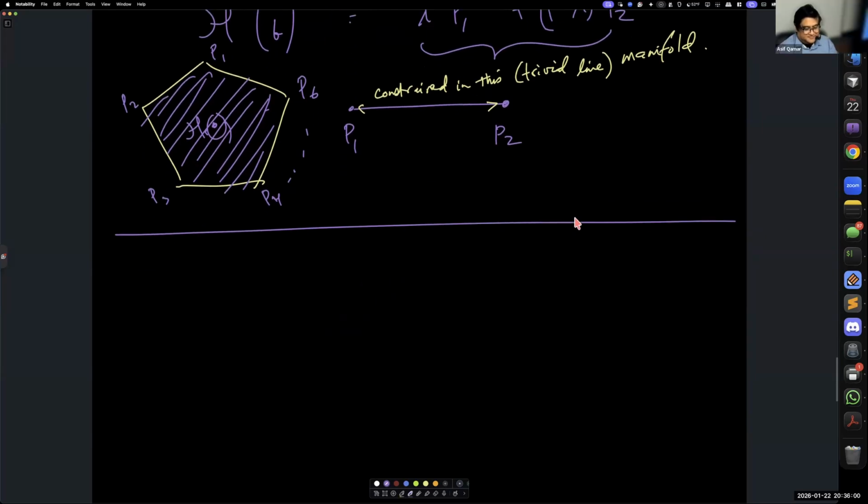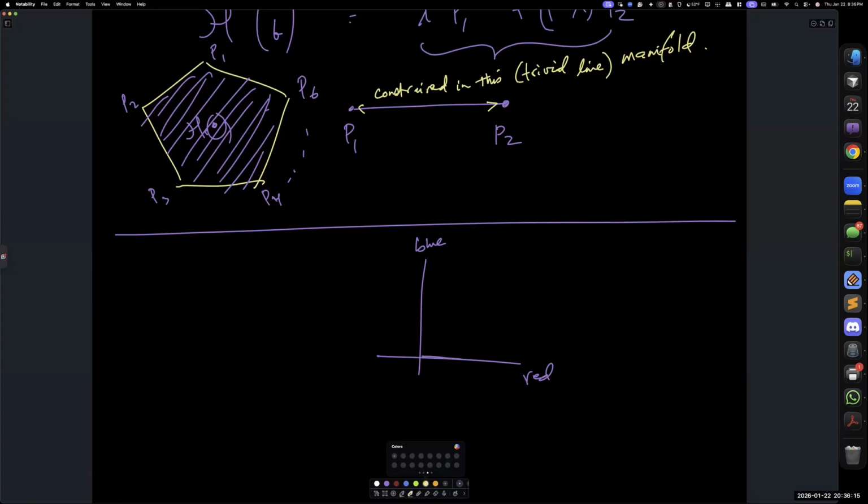Imagine one axis. This is the red axis. This is the blue axis. Suppose I have a vector, right? This vector. A pure red vector. What will any operator do if I operate on it with a matrix A, B, C, D?